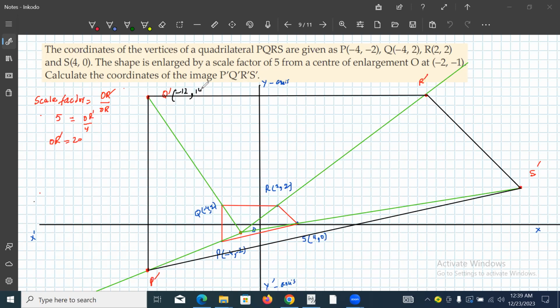So negative 12, 14. Down we have negative 12, and you can count how many boxes down from the x-axis: 1, 2, 3, 4, 5. So negative 5. In this way you can write R dash and S dash as well. I hope you get it, how to manage.